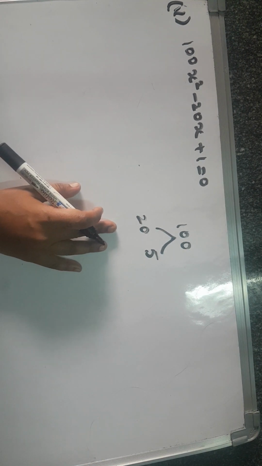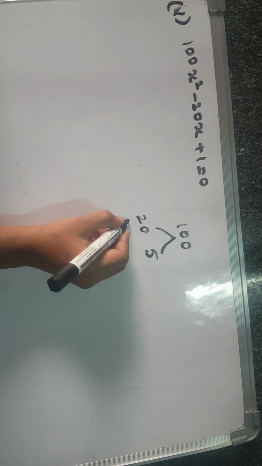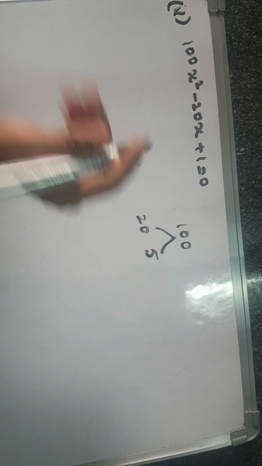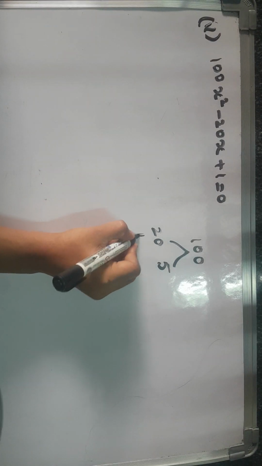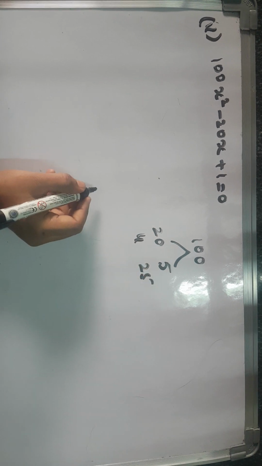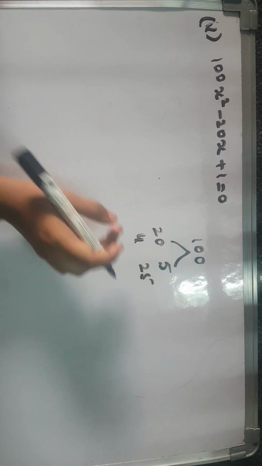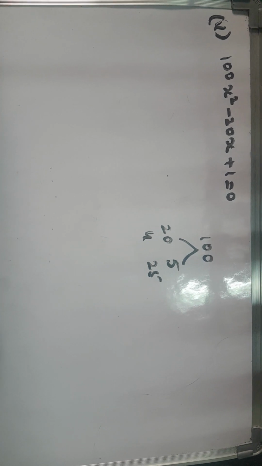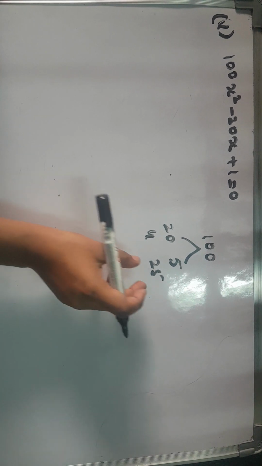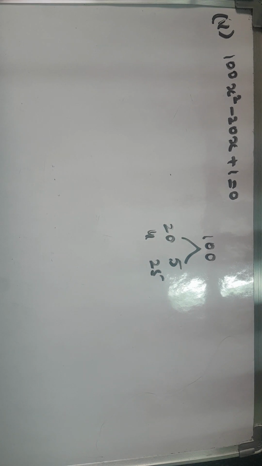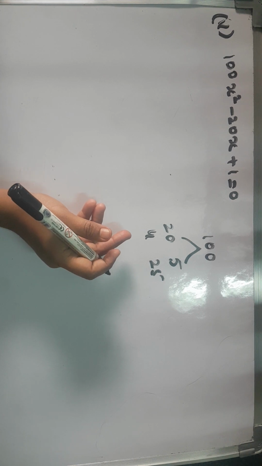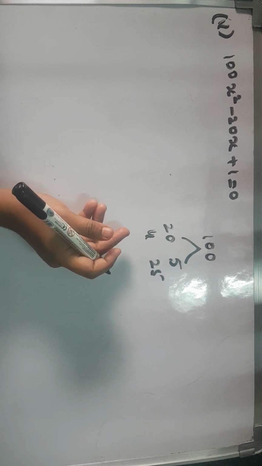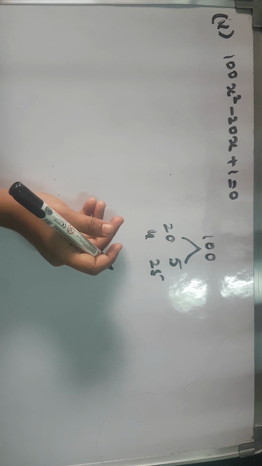Now take 4 into 25, which is 100; 25 plus 4 gives 29, and 25 minus 4 gives 21. 5 into 20 is 100. 6 does not go, 7 does not go, 8 also does not go.